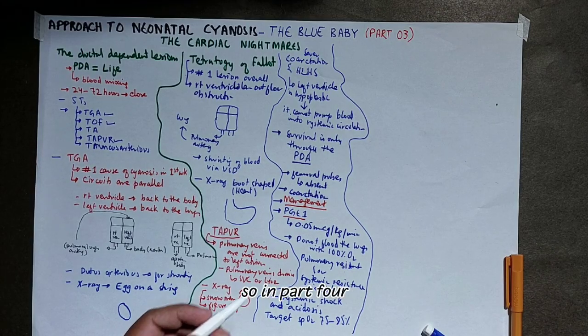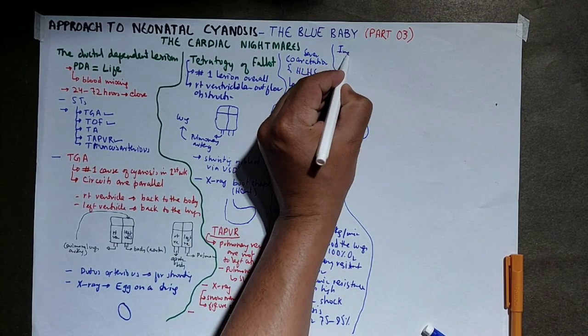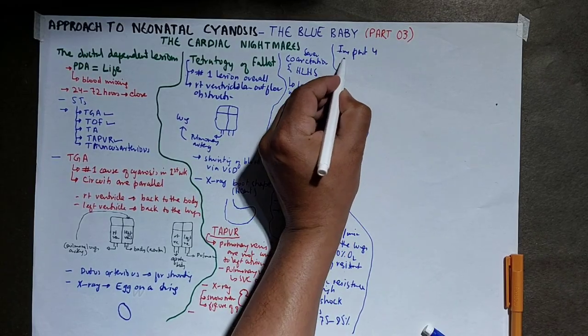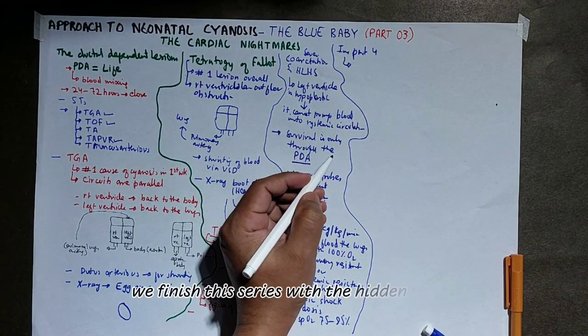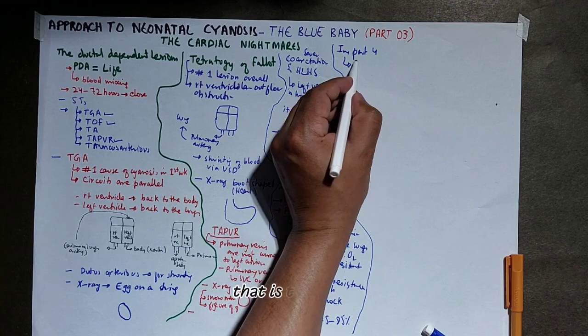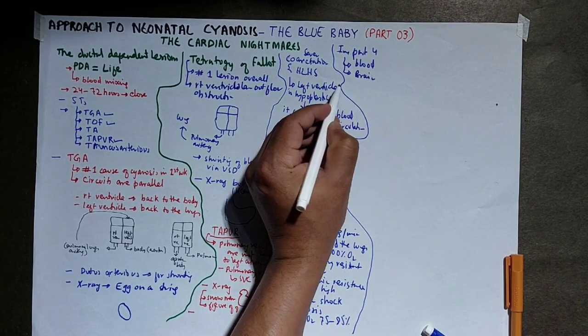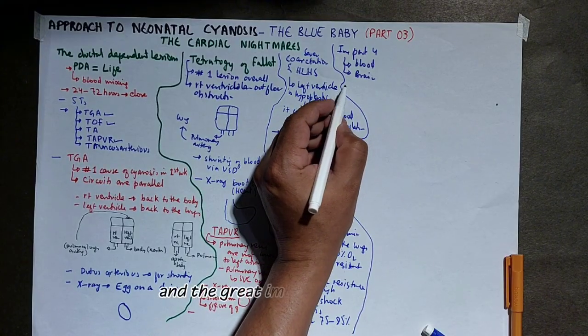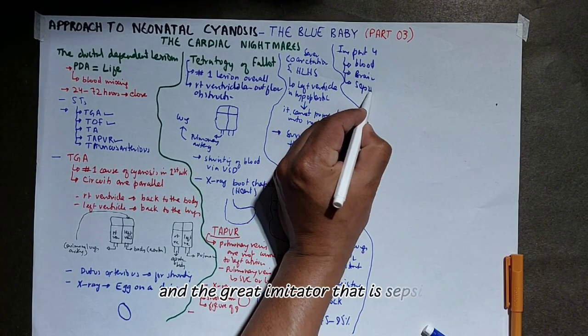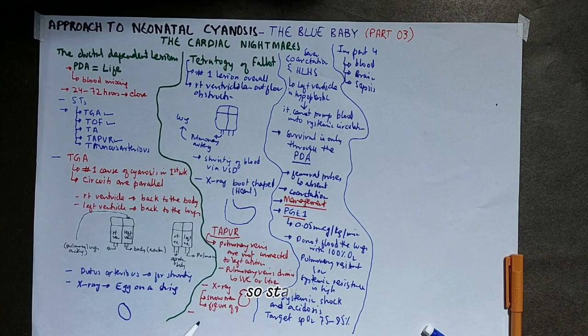So in part 4, we finish this series with the hidden killers, that is, the blood, the brain, and the great imitator, sepsis. So stay sharp, because a normal echo does not mean a safe baby. See you in the final lecture when heart and lungs are normal but the baby is still blue.